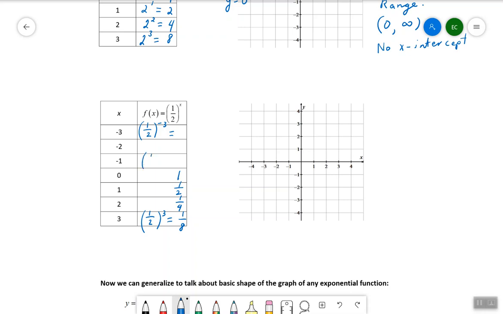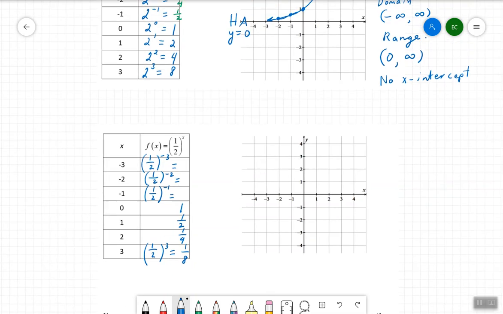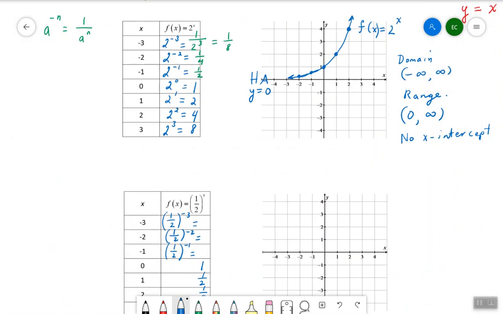And now we're back to those tricky negative exponents. So 1/2 to the -2 is there in the middle. And we already learned up above that a to the -n is the same as 1 over a to the n.